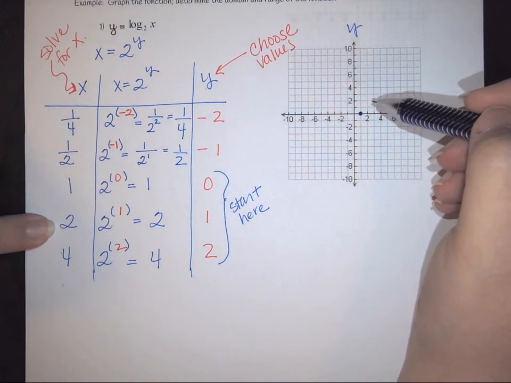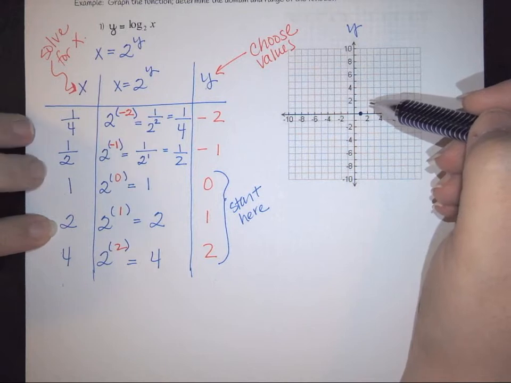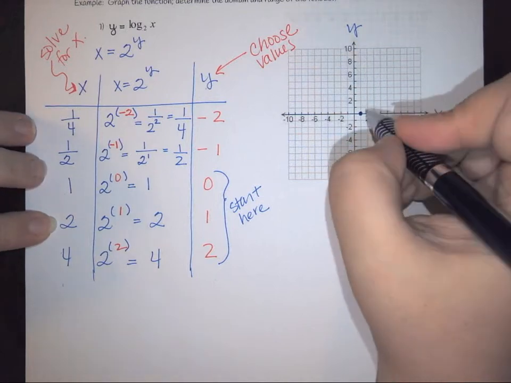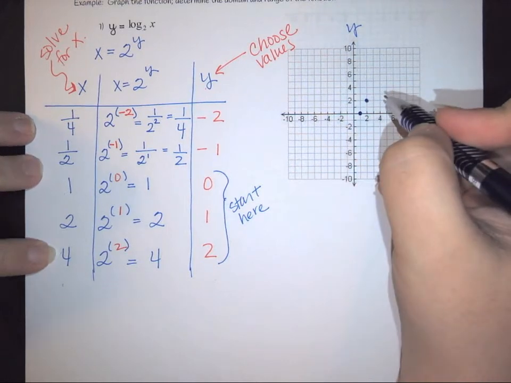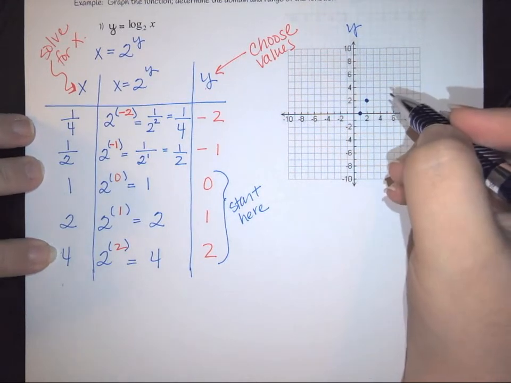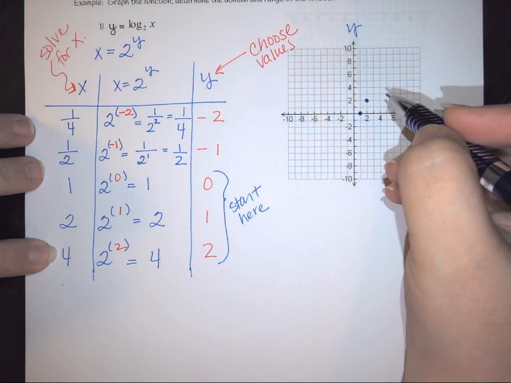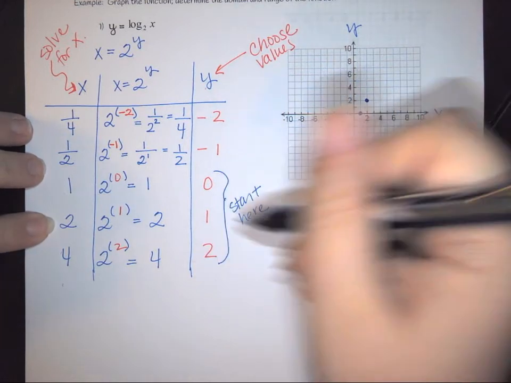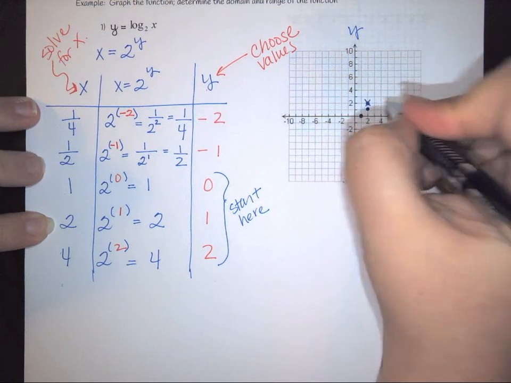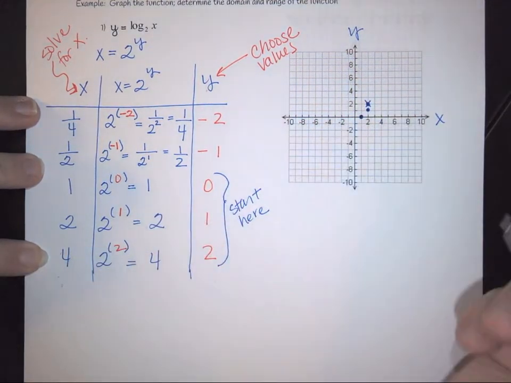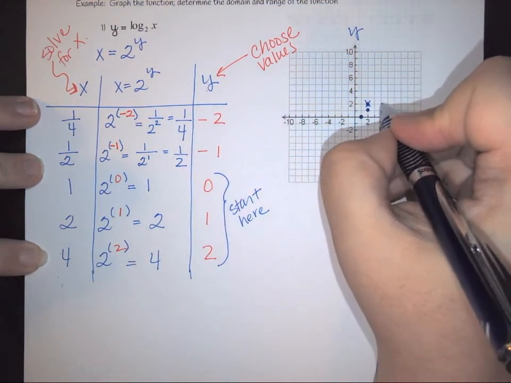The next thing I have is over 2 and then up 1. So not this point, it's right here. And then I have over 4 up 2. So over 4, up 2.